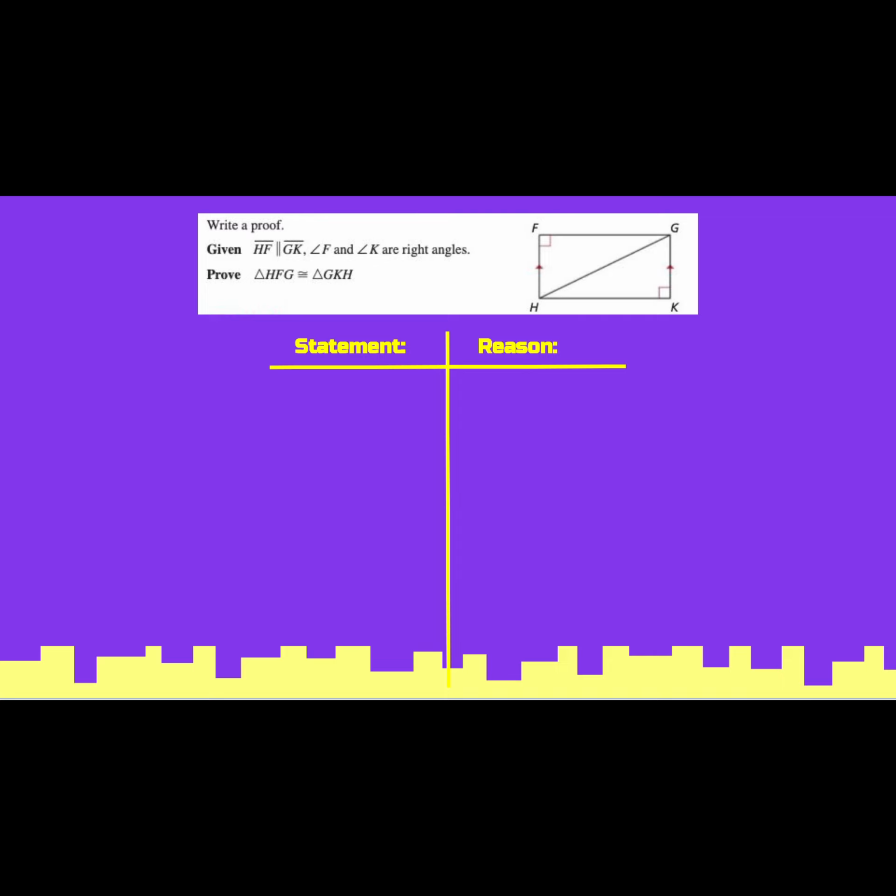First, let's start with the given. Again, keep in mind, in this case we have to use angle, angle, side. Now, when we see a right angle, what's the first thing that we talked about yesterday that we should think of?